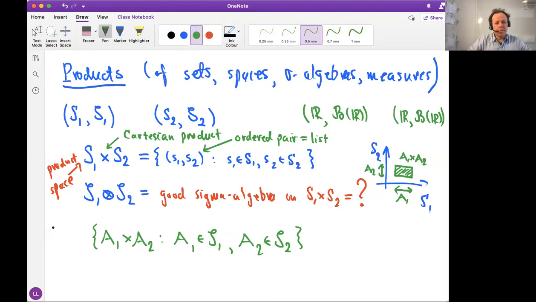This is called, maybe we give it a name. Let's call it R, for rectangles, with S1, S2.